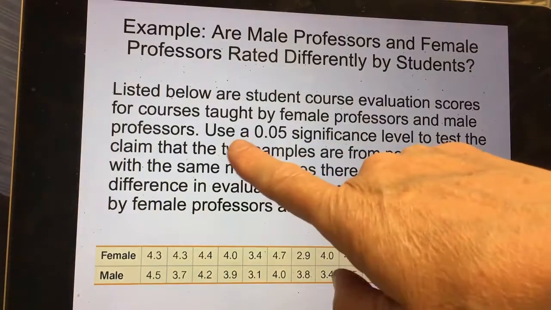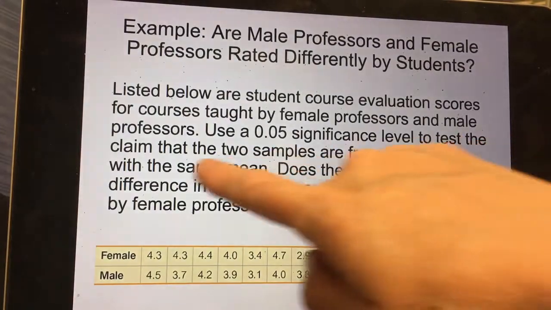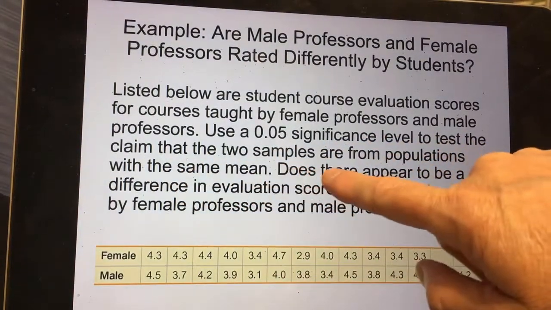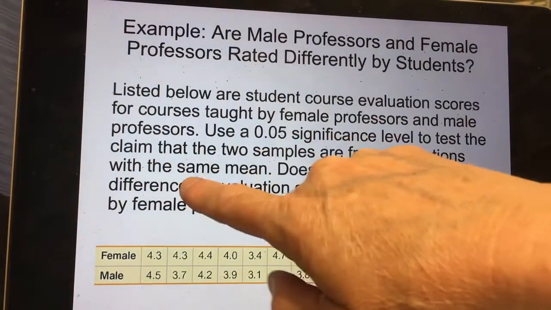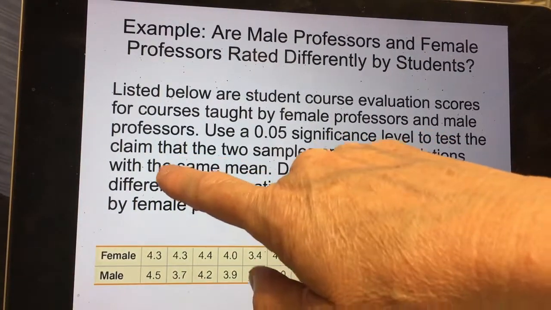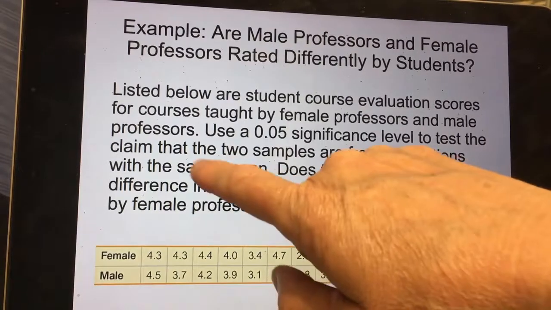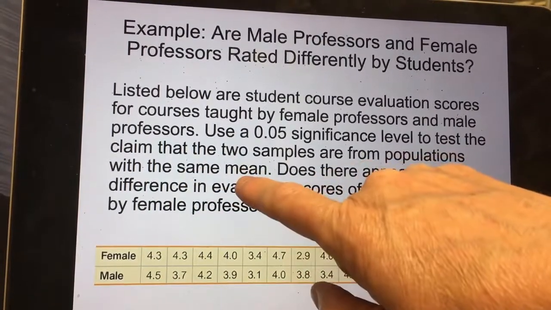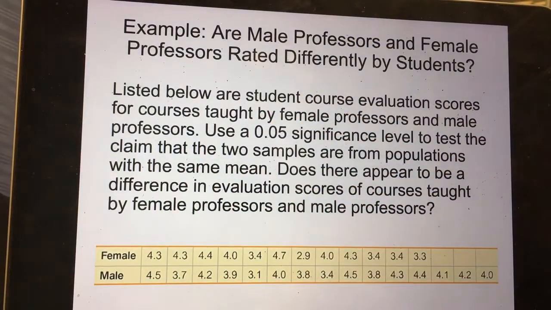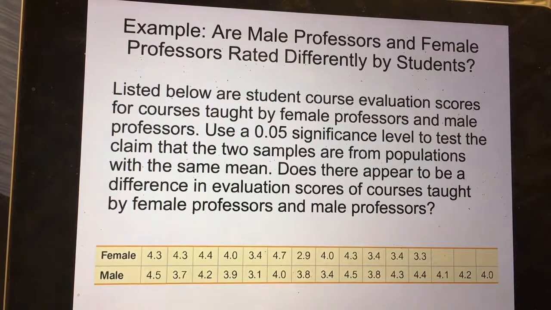Okay, so now, what is the claim? To test the claim that the 2 samples are from populations with the same mean. So the claim is same mean. Since the same mean would be equal mean, then the alternative hypothesis will be unequal.